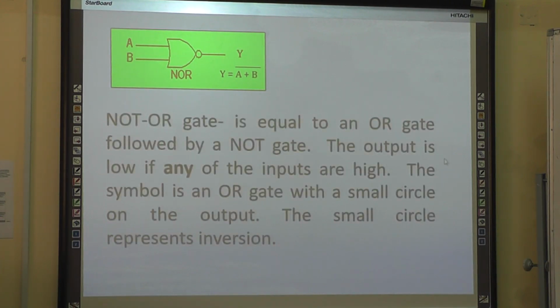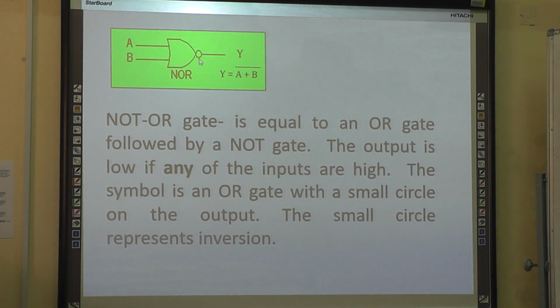Another kind is the NOR gate. The NOR gate is almost similar to the OR gate, but the only difference is that there is a bubble in the output.